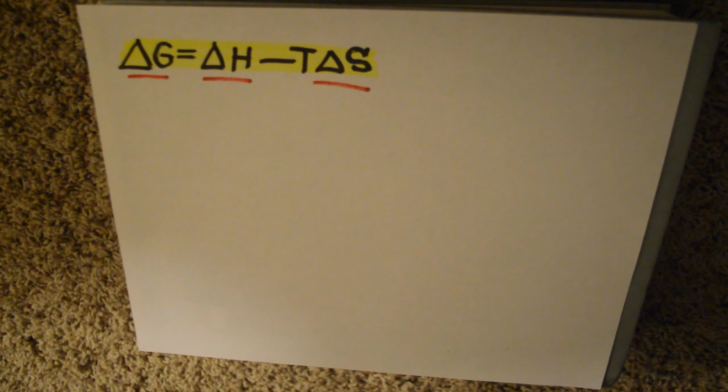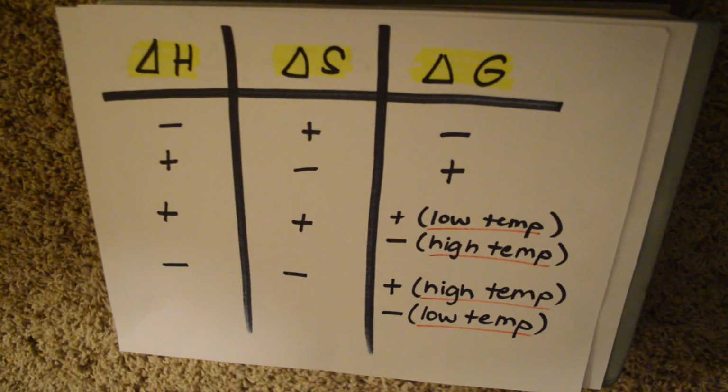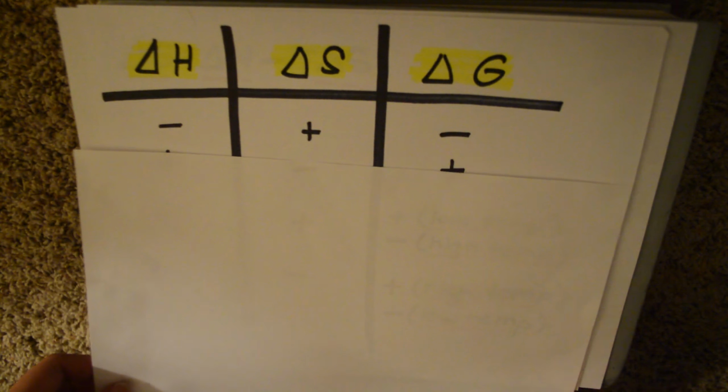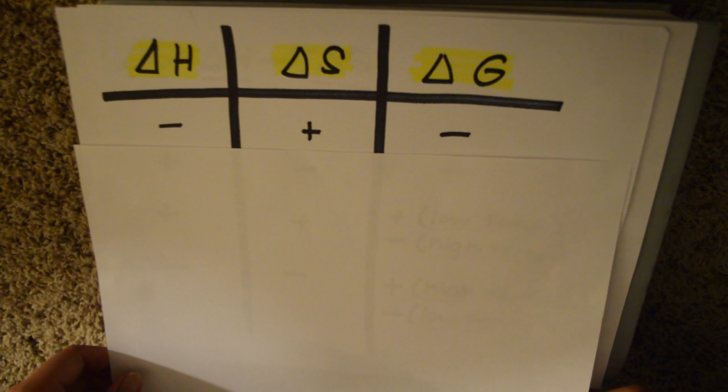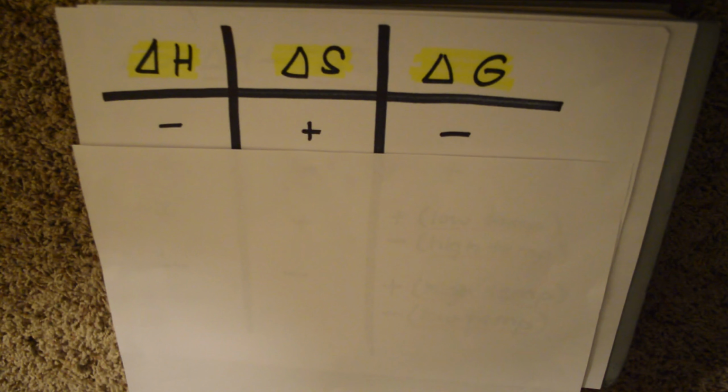To give you a deeper understanding of this whole thing, I have a chart, and the first one shows a spontaneous reaction in which delta H is negative, delta S is positive, and delta G would be negative. It would be a spontaneous reaction, meaning it would be thermodynamically favored.